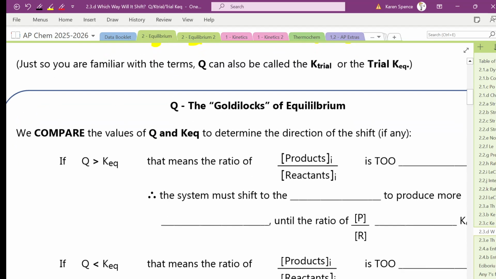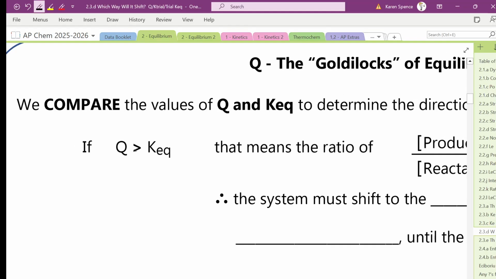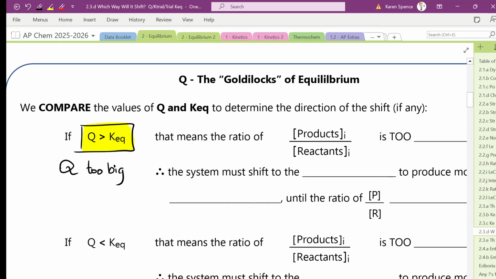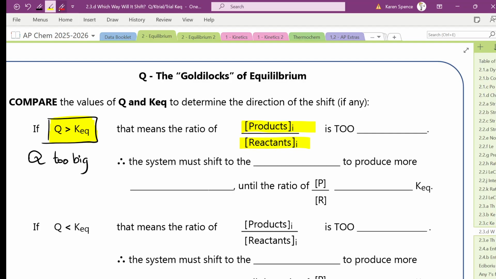So if Q is too big, if Q is bigger than Keq, that means, because Q and Keq are the concentration of products to the concentration of reactants, that ratio is too big.